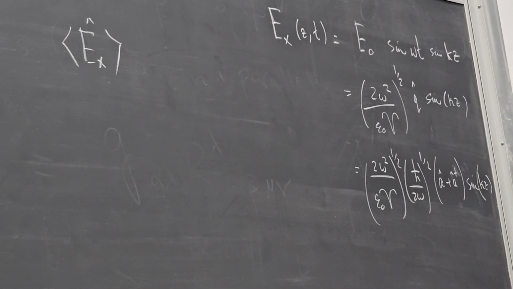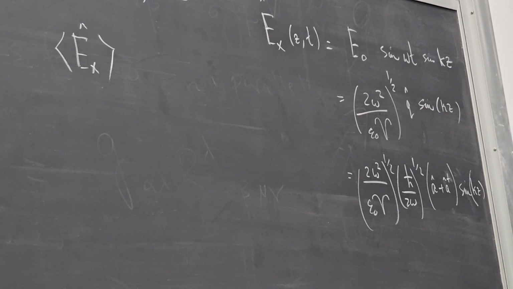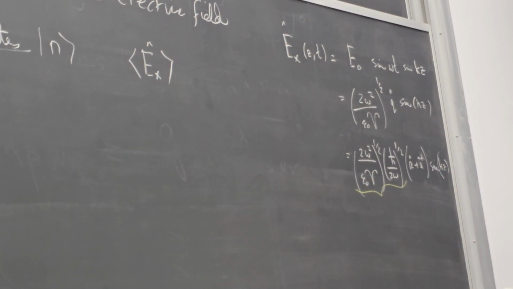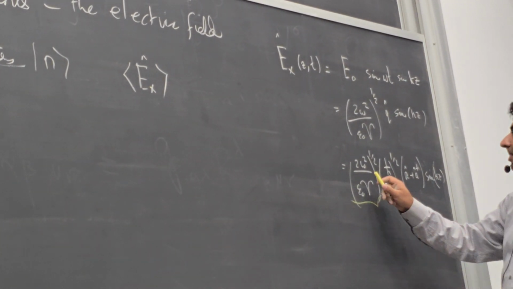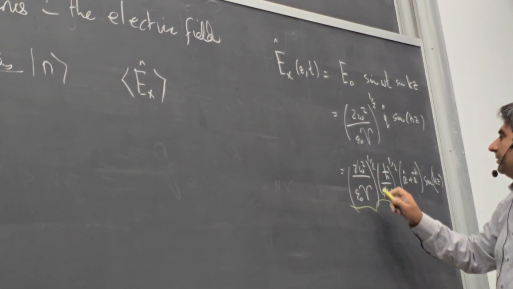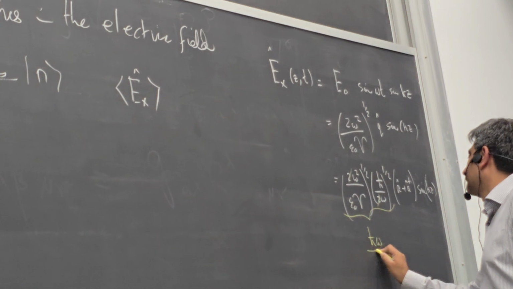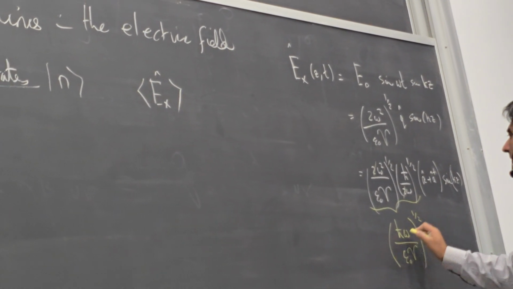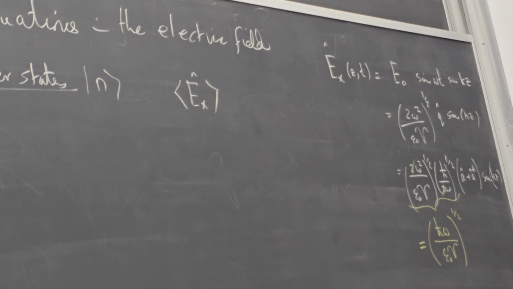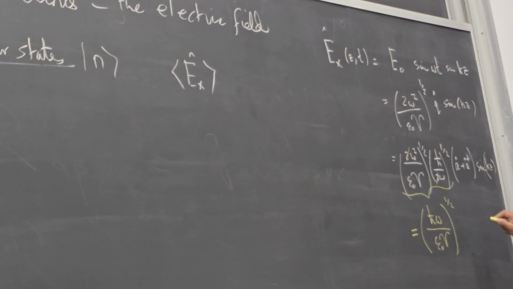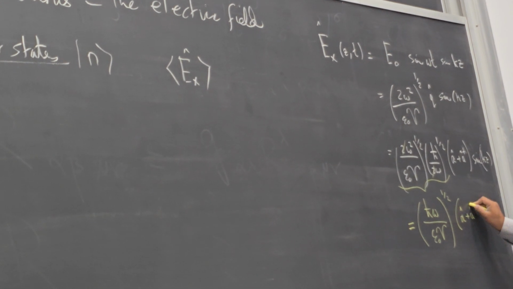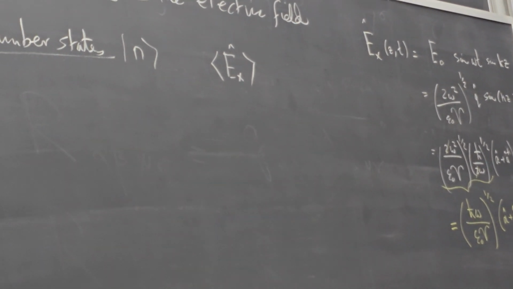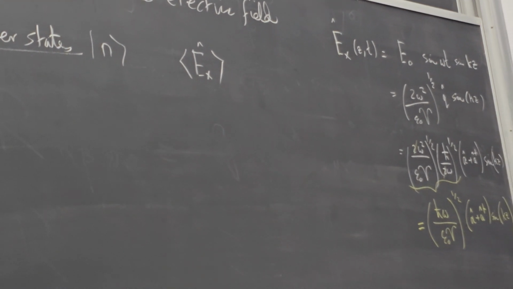Now this factor here, the 2 goes away, there's an h bar omega. Correct? This is my Ex. Check that.